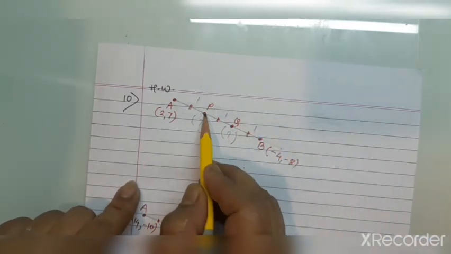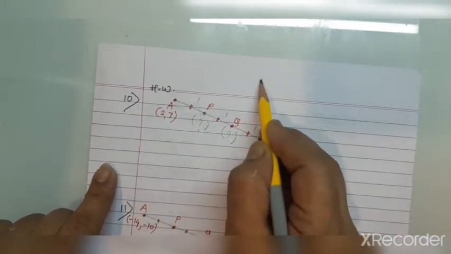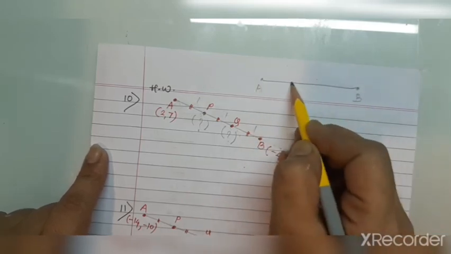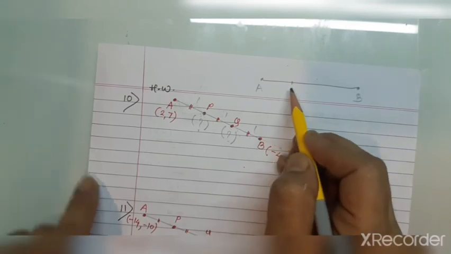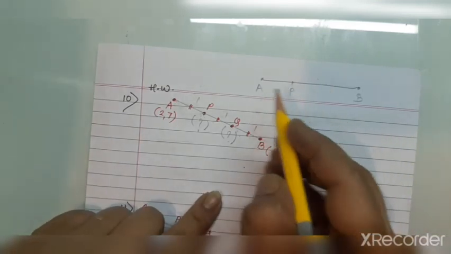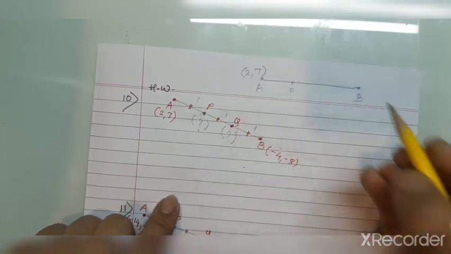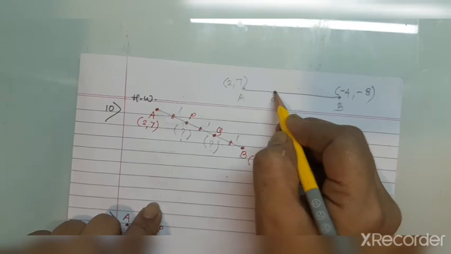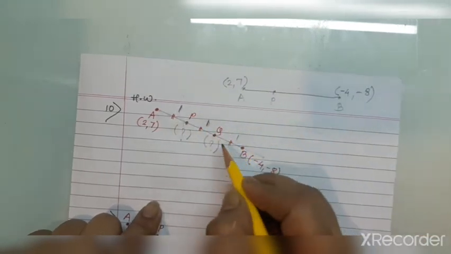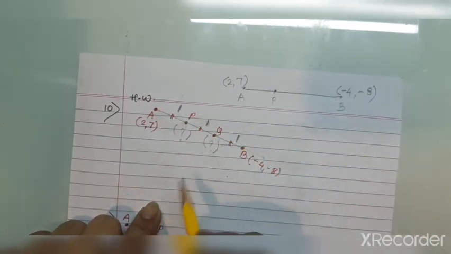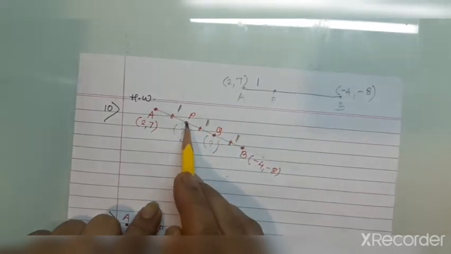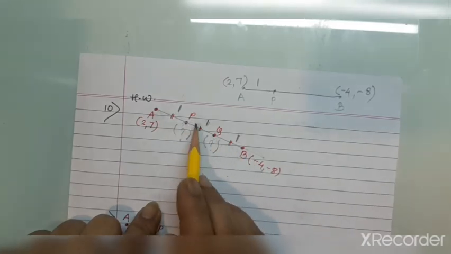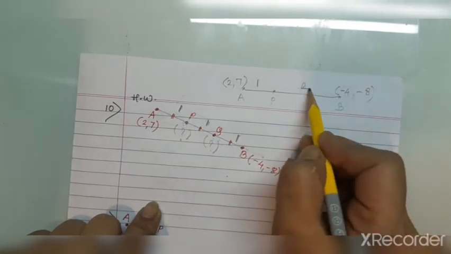So now, when we have to find this point P, what will be the figure? This is point A, this is point B and this is point P. A coordinates are given as 2 and 7. B coordinates are given as -4 and -8. We have to find this P. As I said, these are equal parts, 1, 1 and 1. So AP is one part and PB is PQ plus QB, so PB becomes 1 plus 1, that is 2 parts.